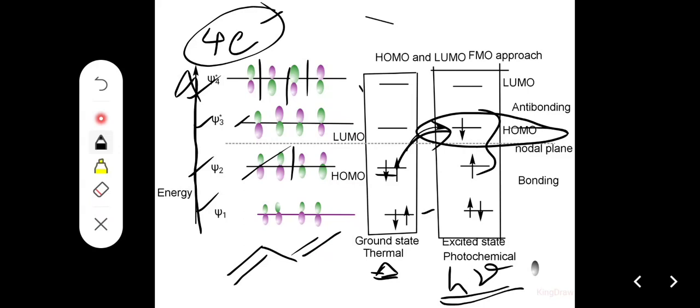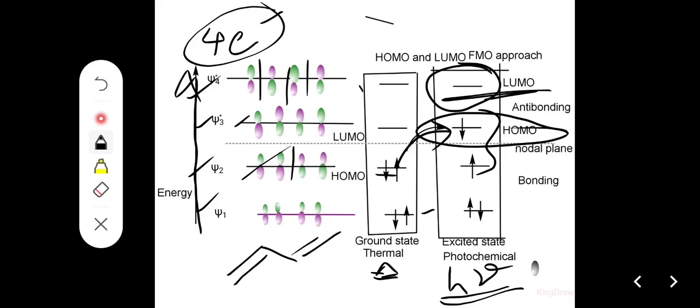And now the lowest unoccupied molecular orbital is psi 4 star, because psi 3 star is now occupied, so we have to consider unoccupied orbitals for LUMO. Only psi 4 star is unoccupied, and it is the lowest unoccupied molecular orbital.